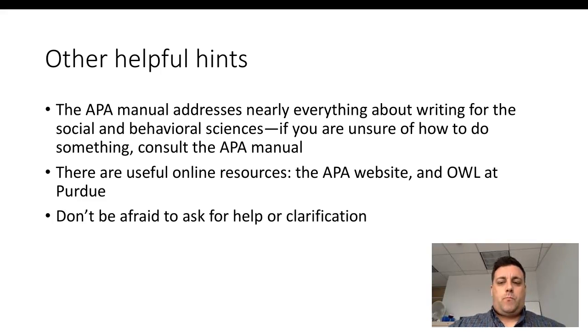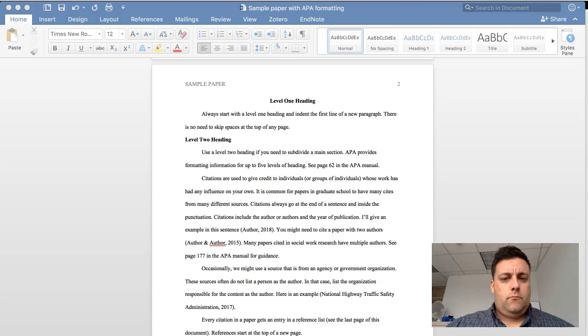and just talk for a second about citations. Okay, so we're here in the Word document again, and one of the questions that I frequently get is, when do I cite? Well, citations are used to give credit to any author whose work has had any kind of influence on your own.